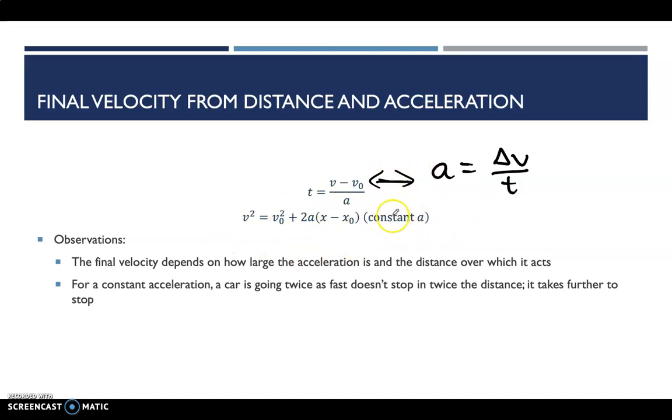With a little manipulation of the other equations, we observe that the final velocity depends on how large the acceleration is and the distance over which it acts. For a constant acceleration, we notice a car that is going twice as fast doesn't stop in twice the distance. It takes further to stop. This is just one of the observations that comes from this equation.